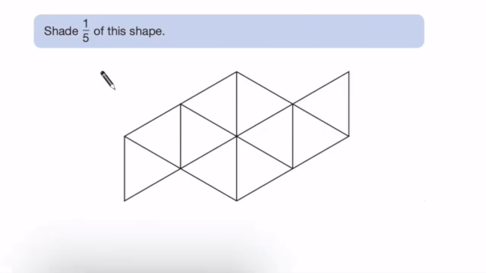Question 3. Now, actually, on reflection, I'm not going to ask you to draw this because that is quite tricky. What I am going to ask you to do is watch how I work it out. It's asking me to shade 1/5 of the shape. So the first thing I need to do, I need to count how many parts there are. 1, 2, 3, 4, 5, 6, 7, 8, 9.